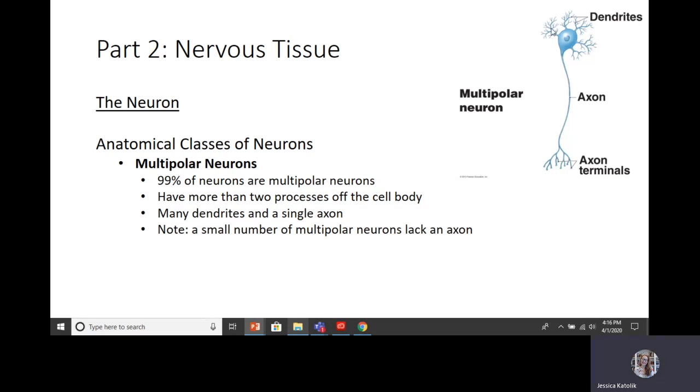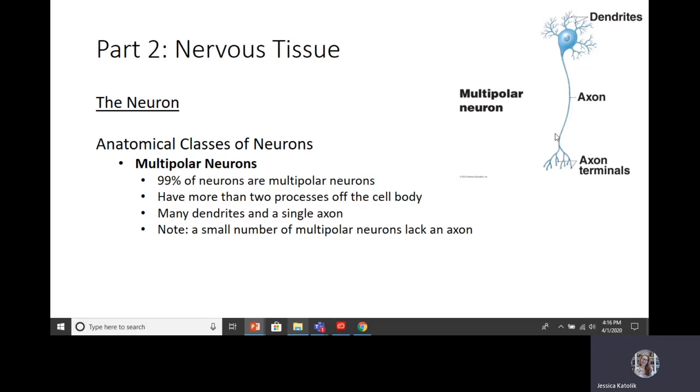They're called multipolar because they're going to have many branches coming off of the cell body. So over here, we're going to have many dendrites located here, and we're going to have a single axon branching off.